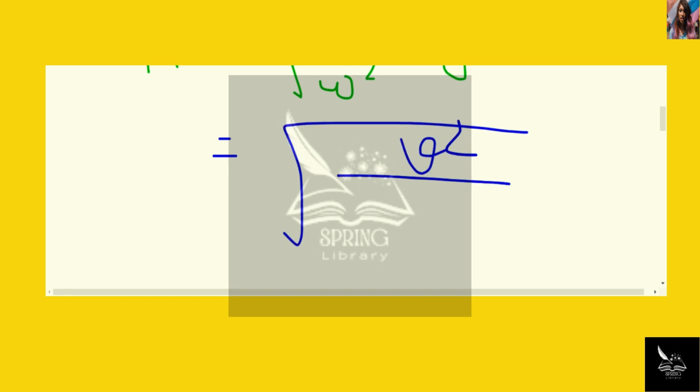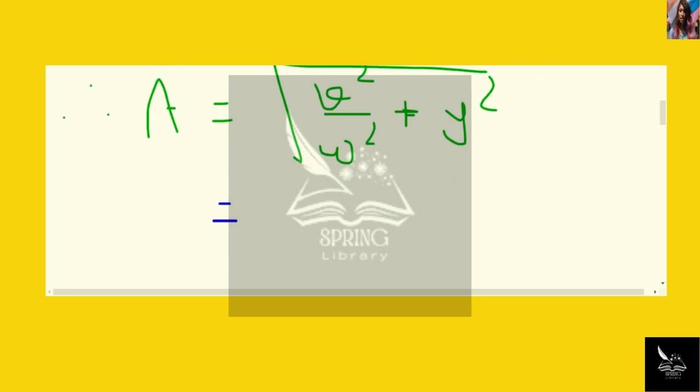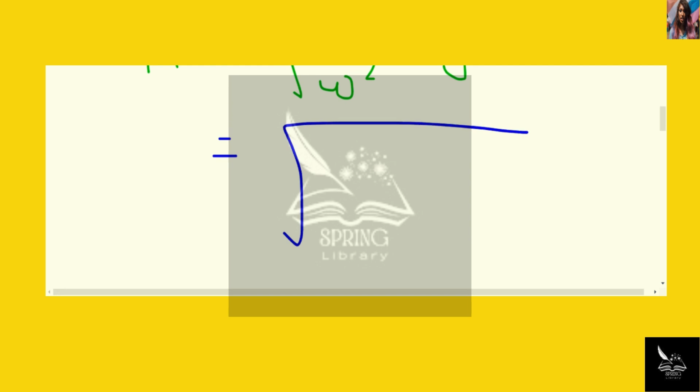So A will be equivalent to the square root of v square, and instead of omega, I will write 2 pi upon T, or generally I can write with the direct values, that is v square T square upon 4 pi square plus y square.